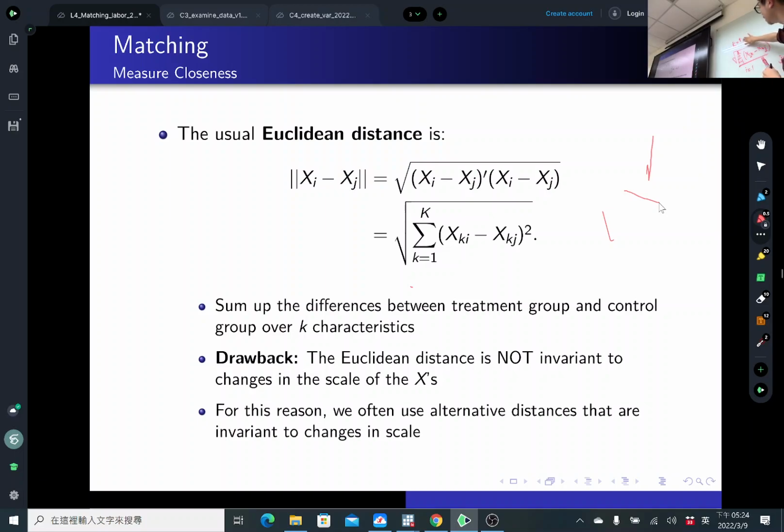If k is 1, it's just age, right? You find individual j in the control group, and try to find the difference in age between that individual and the one you want to match, looking for the smallest difference.